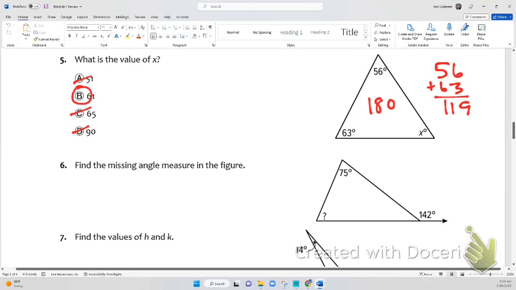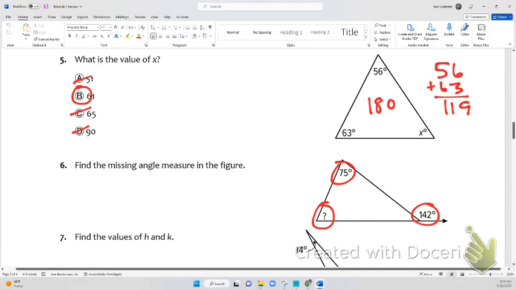For number 6, there's a theorem that we talked about in our notes for 7-3, if I'm not mistaken, and it's called the exterior angle sum theorem, right? So basically what it means is if the exterior angle is 142, the sum of the interior angles that are non-adjacent have to add up to 142 as well.